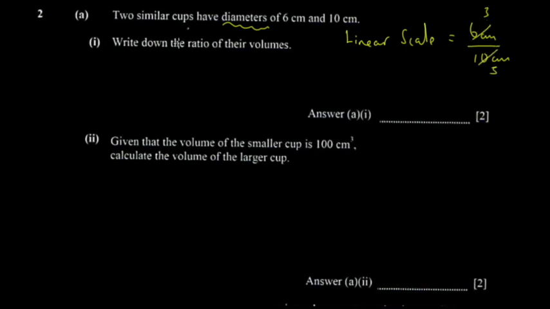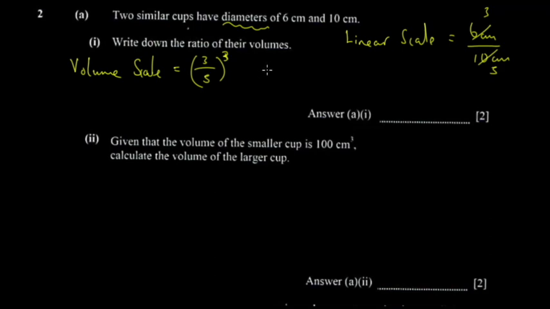This is the linear scale, but then you're asked the ratio of the volumes. So you get the volume scale first. You can even say the volume scale is the ratio of the volumes. Okay, so to the power 3. Why? Because that's what we agreed upon. If you still remember when I was giving you an introduction to this, we were saying that whenever you think of volume, it's cubic centimeters, cubic meters.